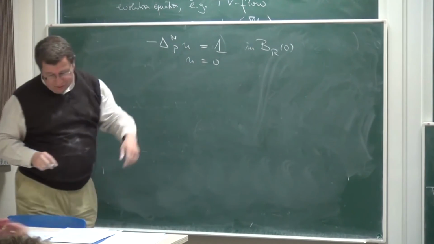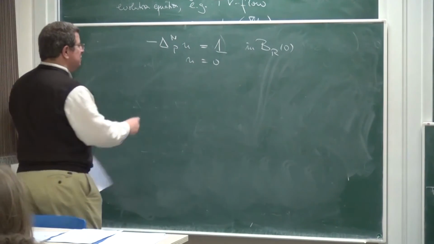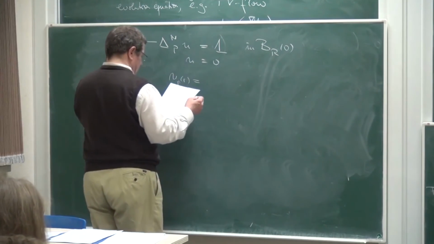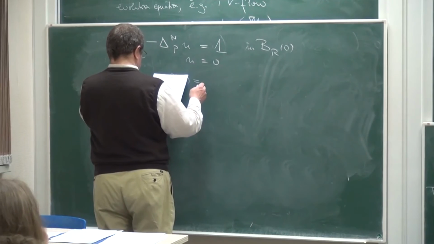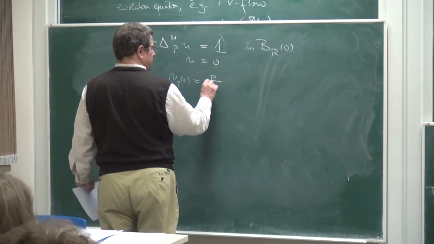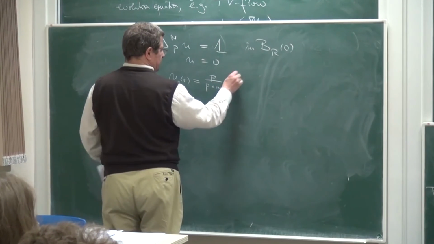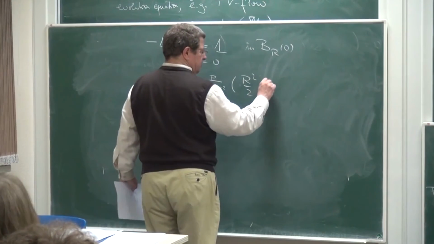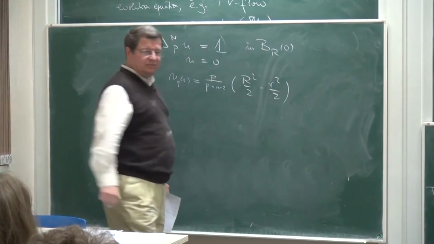And when you calculate the solution, you find that u of r is equal to p over p plus n minus 2 times r squared over 2 minus r squared over 2.